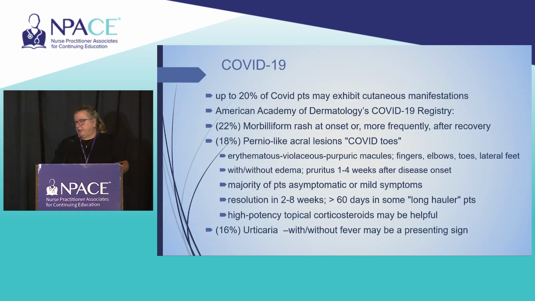And what about COVID? I was asked about this also. The American Academy of Dermatology has maintained a COVID-19 registry in order to identify the different cutaneous manifestations of COVID-19. And it seems that about 20% of patients will have cutaneous manifestations, but there's no systematic timing or frequency of the skin lesions associated to the disease.